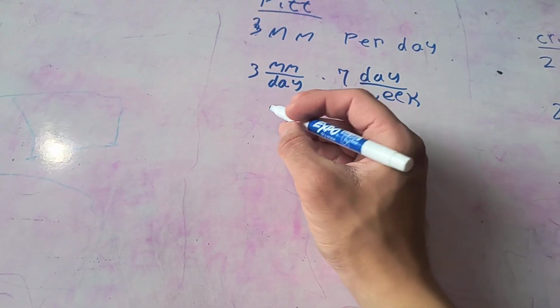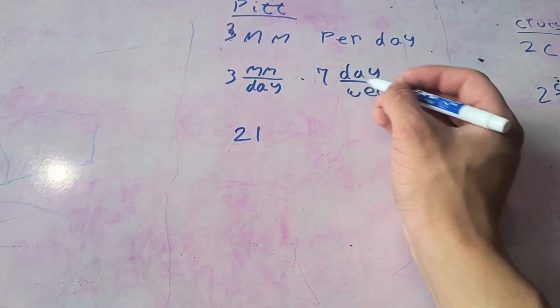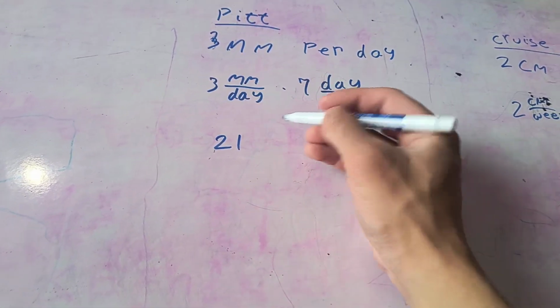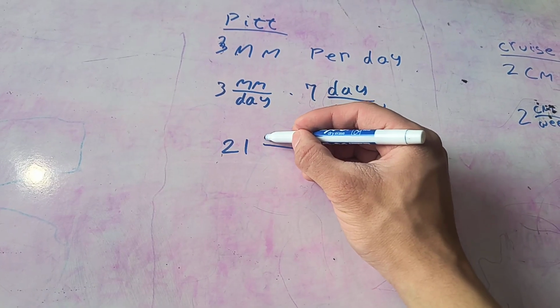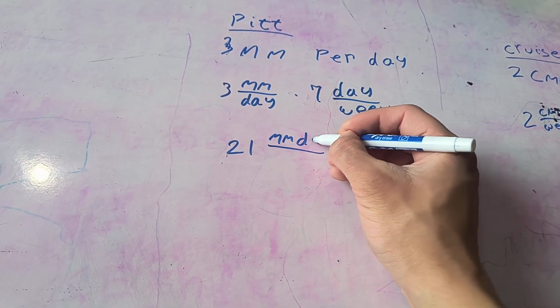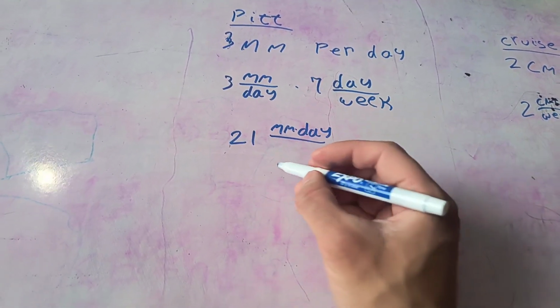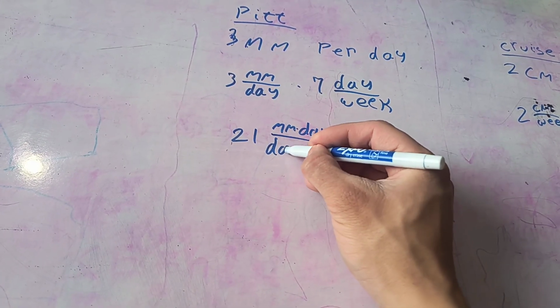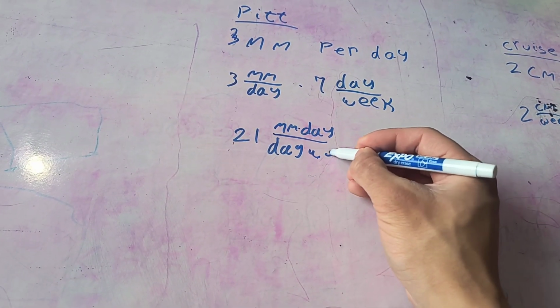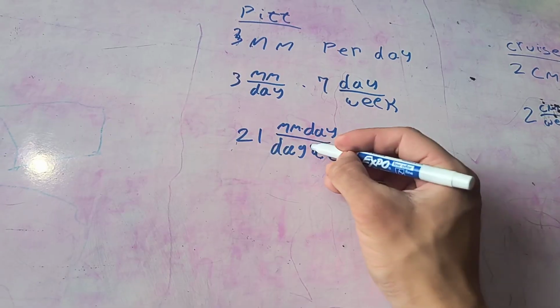And this would be 3 times 7, which is 21. So 21 millimeters per day, multiplied by day per week.